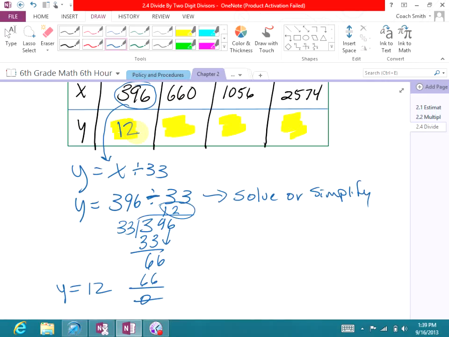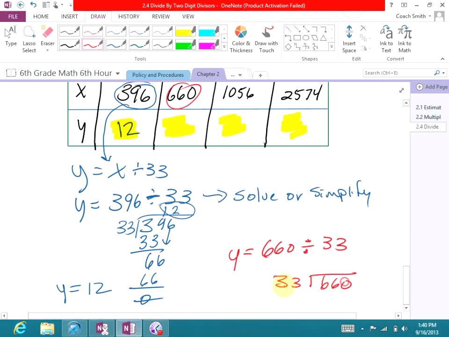So the next step would be to take the 660 and plug it into our rule. Okay? And then that means I'm going to take 33 into 660.